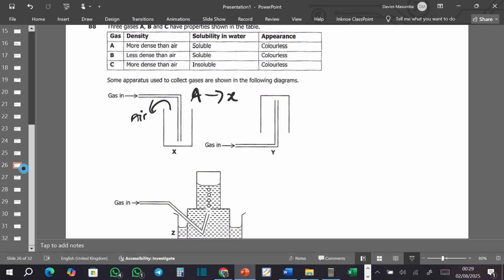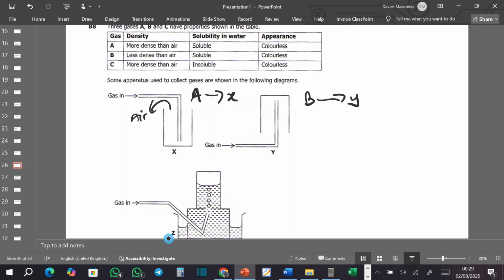Then the gas which is less dense than air, it's this one here. So B is for Y, because it is less dense than air and is soluble. If you use this one, it can dissolve in water. So you use this one without water.